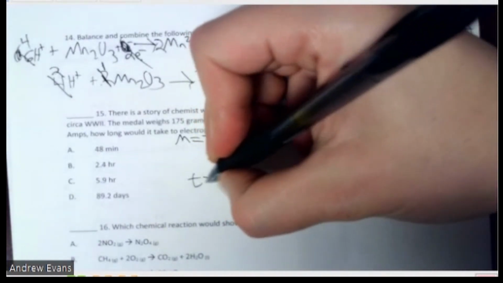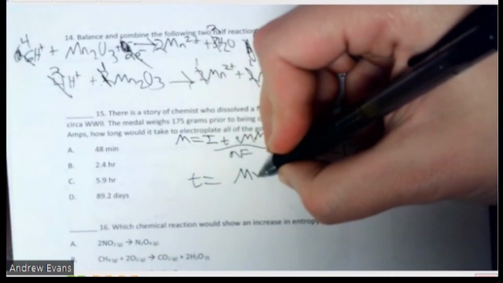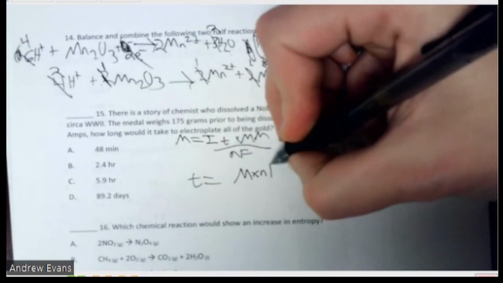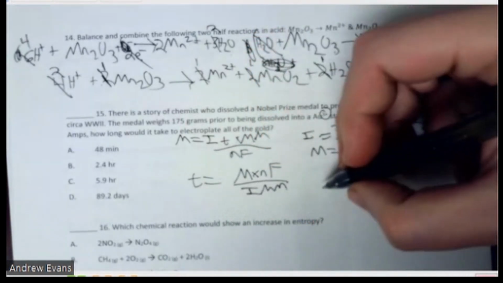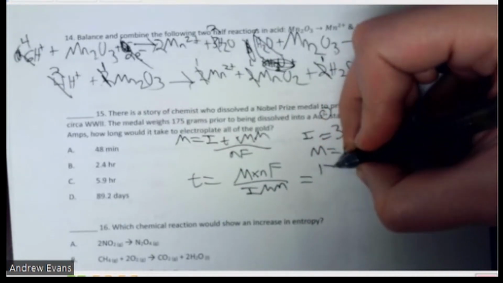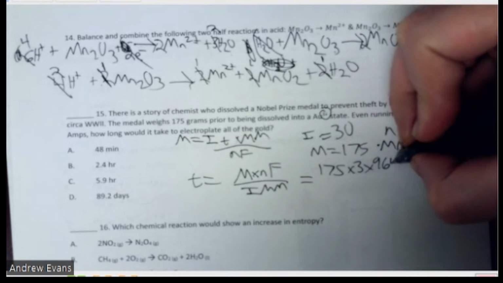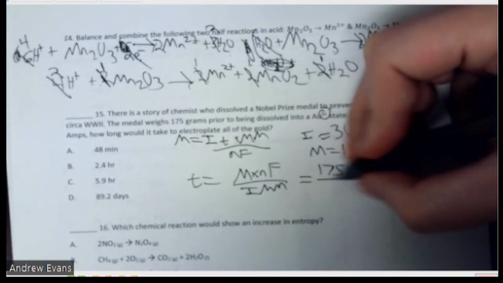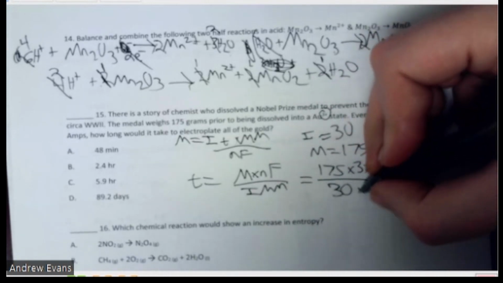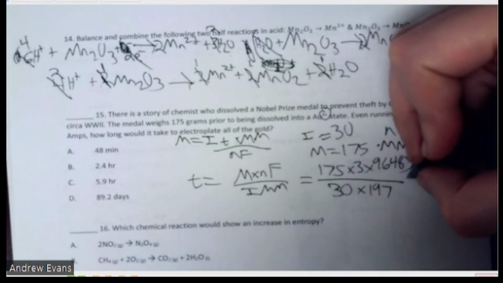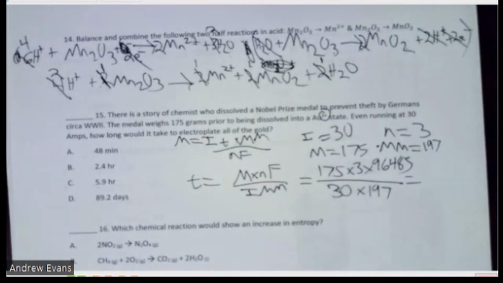So rearranging, time is equal to mass times NF over I times molar mass. So 175 times 3 times Faraday's divided by 30 divided by 197. And this will give us time in seconds.